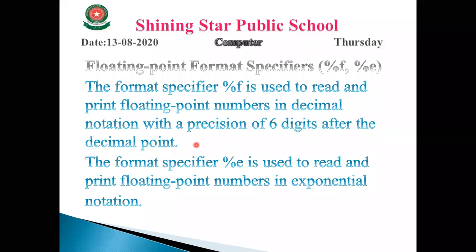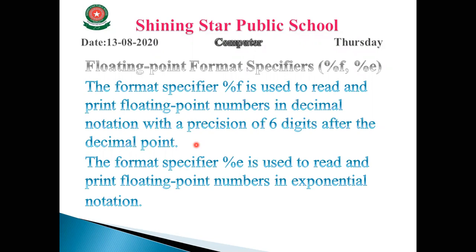When we use this format specifier, we use %f. We use %f for taking decimal numbers, but after the point we only take 6 digits, not more than 6 digits. Means after the point you can take 1, 2, 3, 4, 5, 6 only. You cannot store a value with more than 6 digits after the point.